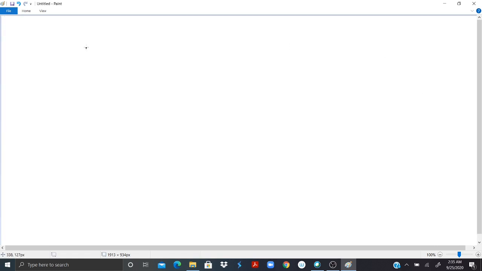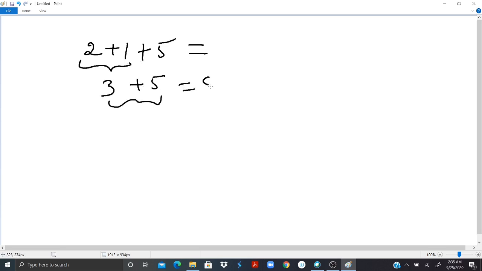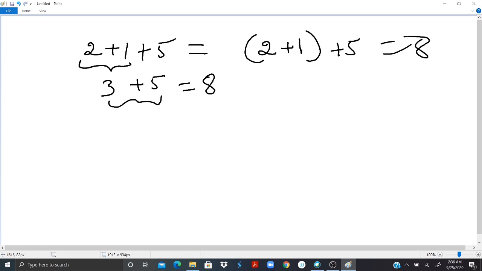Finally, to solve 2 plus 1 plus 5, we can do this. We can start adding 2 plus 1, which is 3, and plus 5, which is 8. So if we want to rewrite it, we can rewrite it as (2 plus 1) plus 5. Or we can do 2 plus (1 plus 5), combining 1 and 5, which is 6, and add 2.